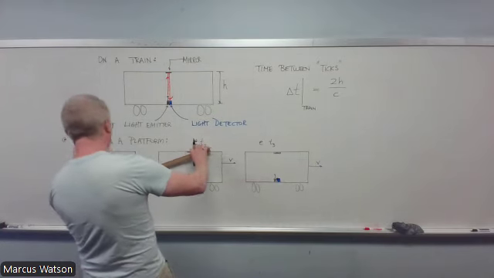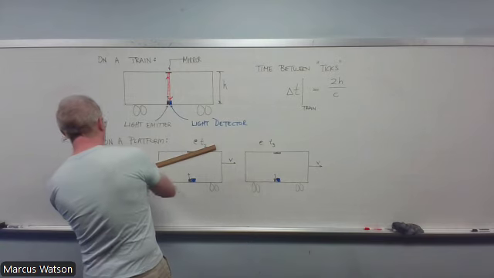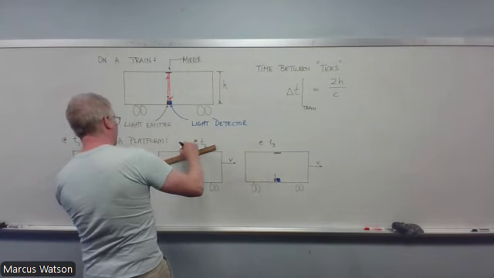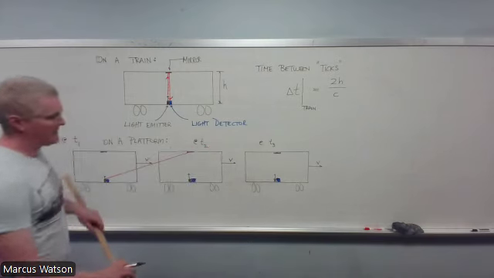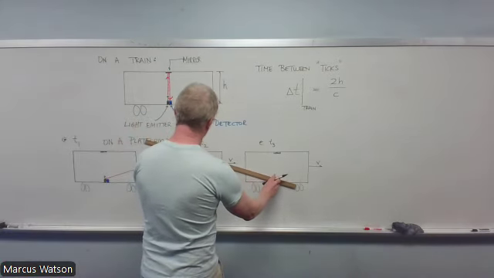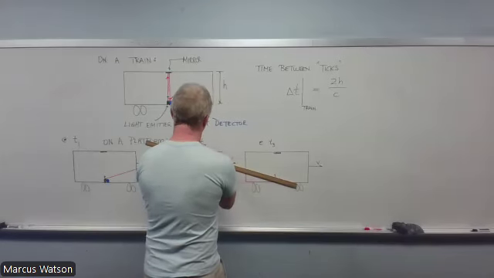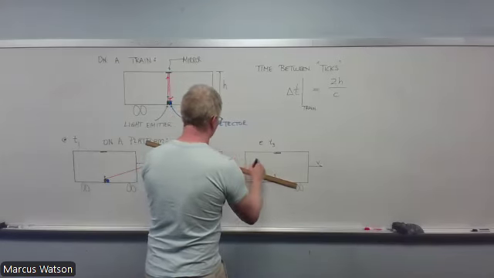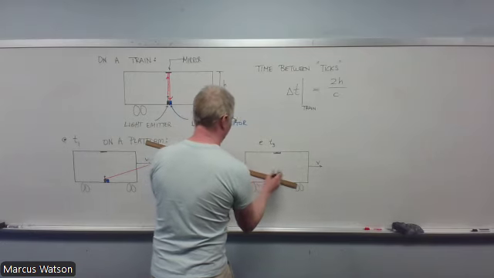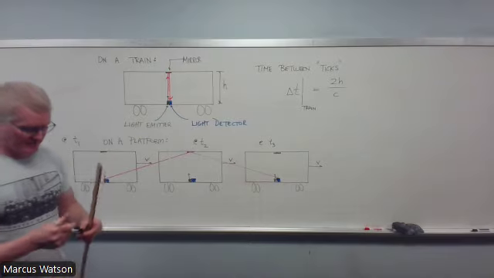So light is emitted from here and hits the mirror like that, and then comes back down and hits the detector here like that. Like so, all right?